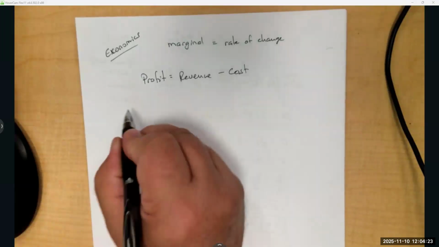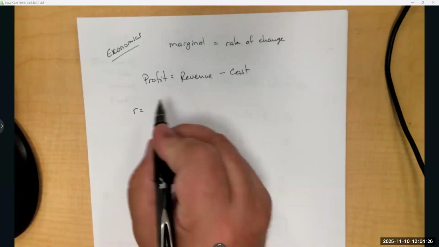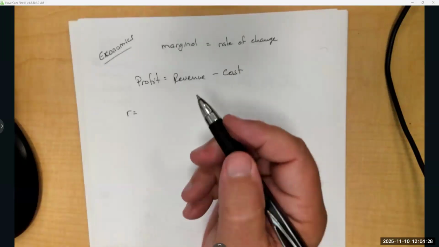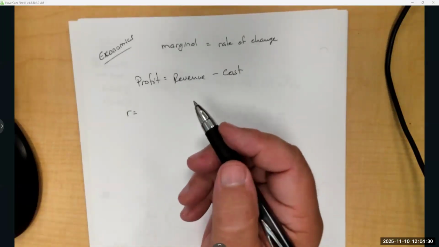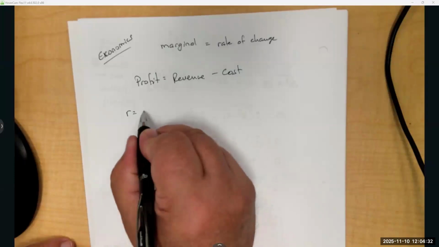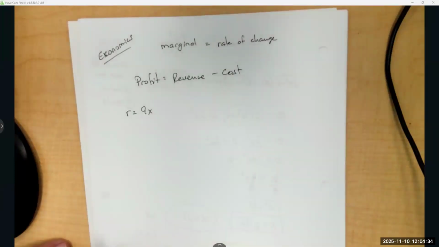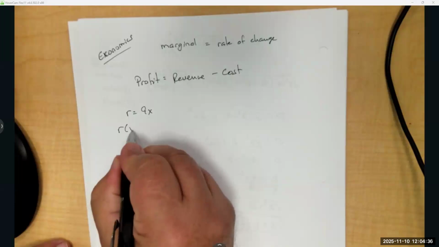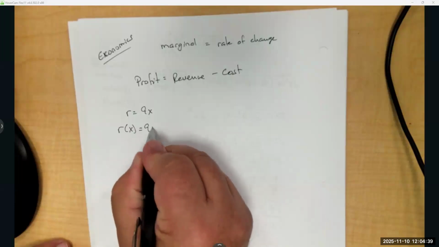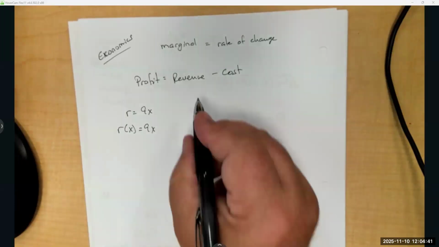Marginal, so let's say our revenue was a function, well, let's look at this first example. Our revenue was determined by 9x, because revenue is dependent on amount of sales. X is the amount of sales.